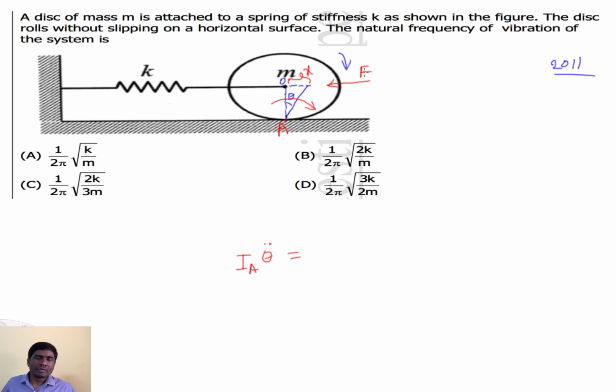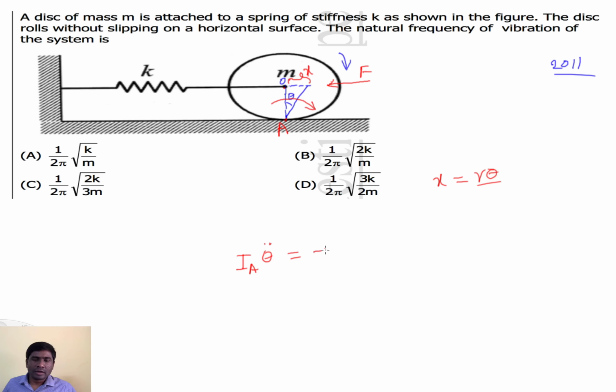So here F equal to K into X, but we have already derived so many times that X equals the distance from A to O times theta. What is the length from A to O in this case? Let's say this is R, and theta.